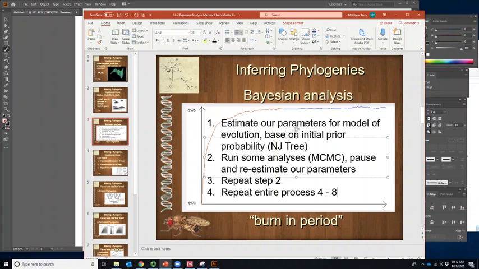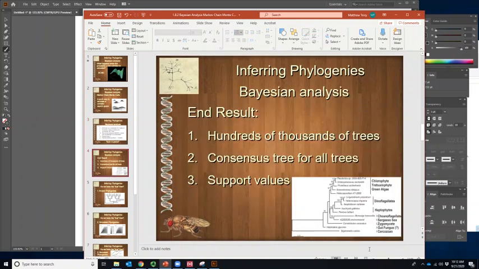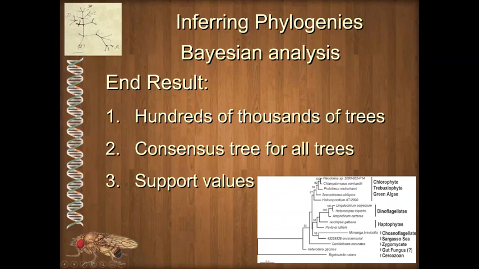So we repeat this entire process 4 to 8 times. And each of these times when we start it, we're doing these random starts, we save all of these trees. So the end result of this is this large set of trees, hundreds of thousands of trees that we've saved that are all pretty good scores as we've looked at our entire search topology.